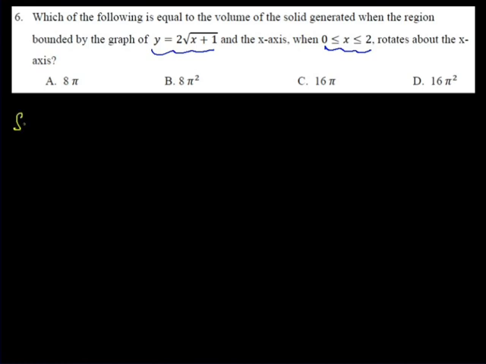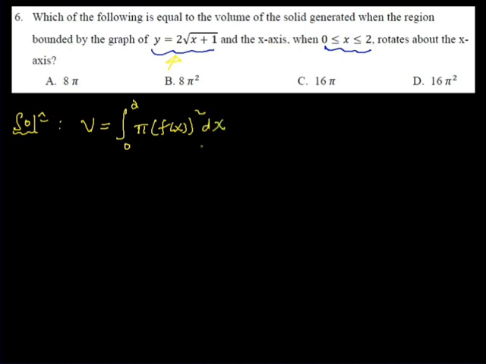As usual, the only thing that you need to have is the formula for the volume of an object generated by revolving the function y equals 2 times radical x plus 1 from x equals 0 up to 2. This is pi times f of x the whole squared dx.